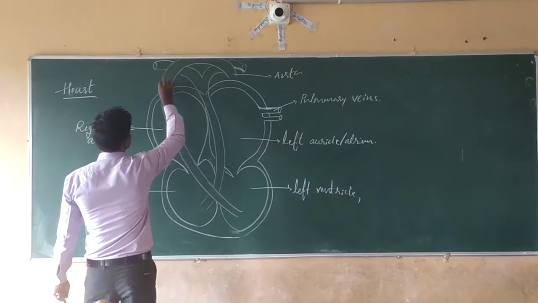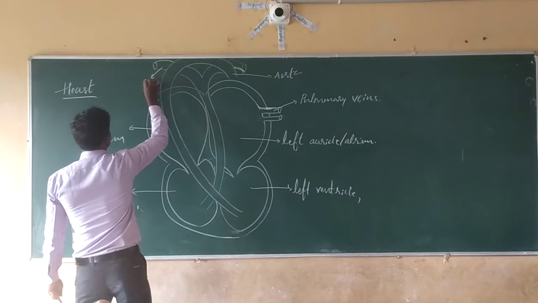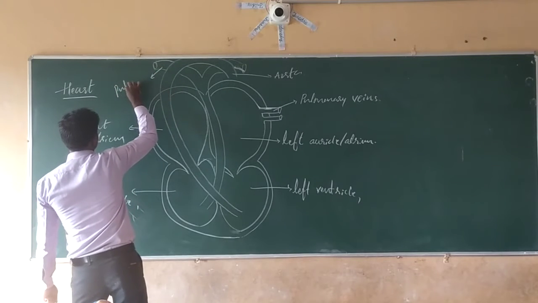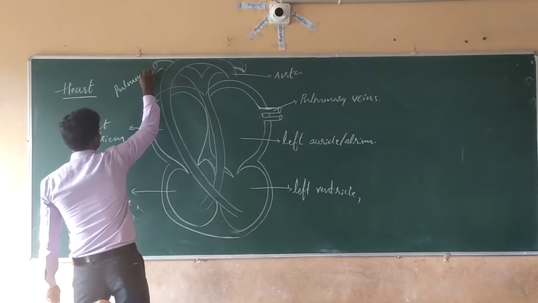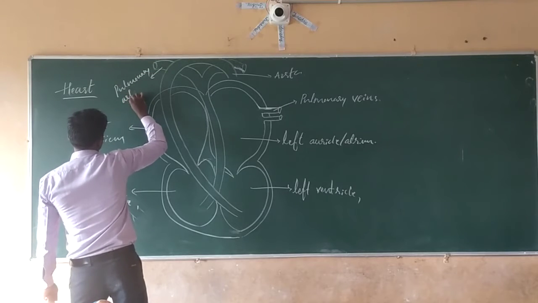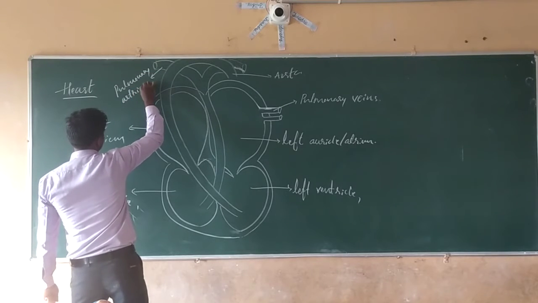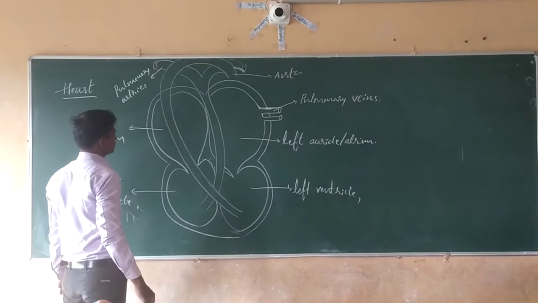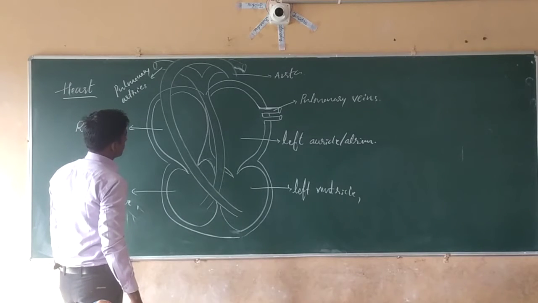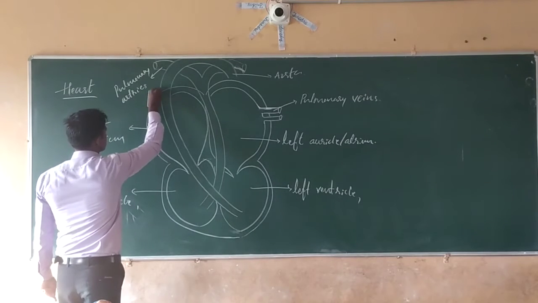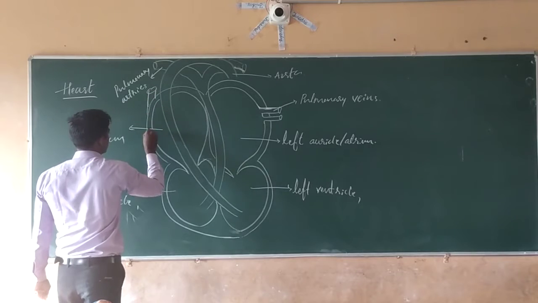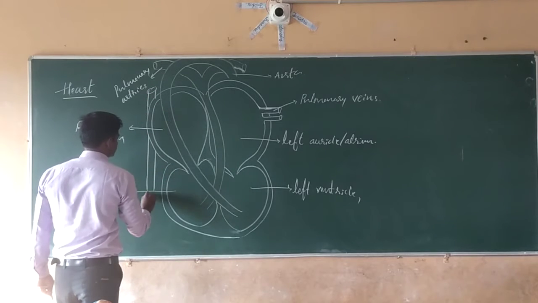Then next, these are the pulmonary arteries. And next here, the upper vena cava, superior vena cava, and inferior vena cava is here.